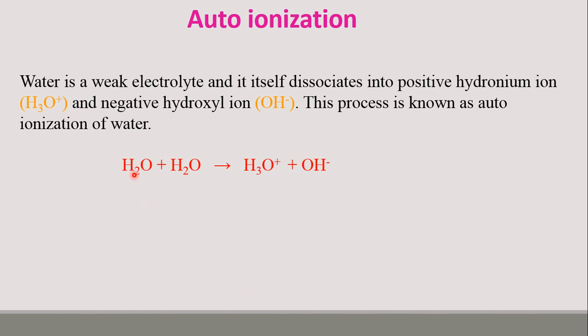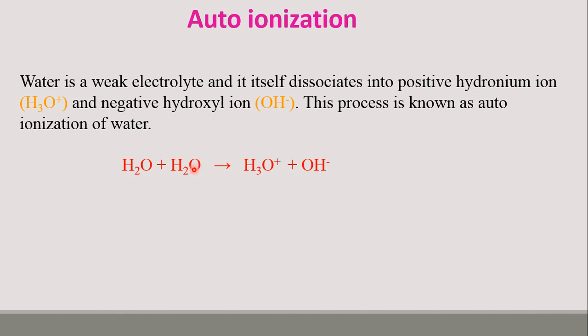Look, here two molecules of water. One molecule of water accepts proton to make hydronium ion and another molecule of water donates proton to make hydroxyl ion. That means this water molecule accepts proton, so it acts as proton acceptor or base.